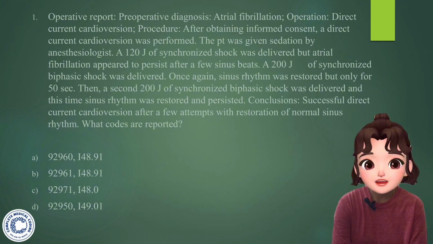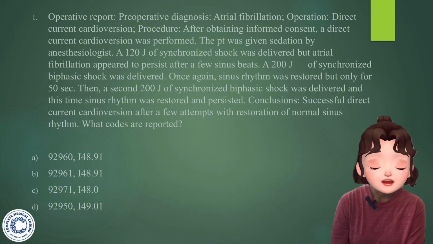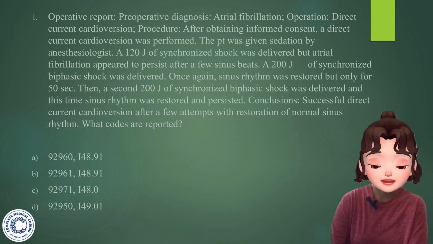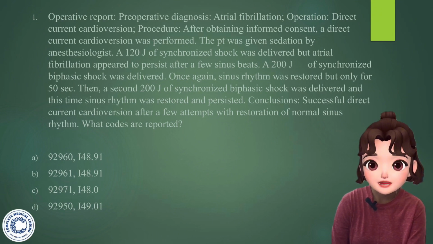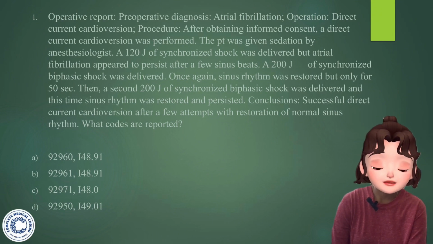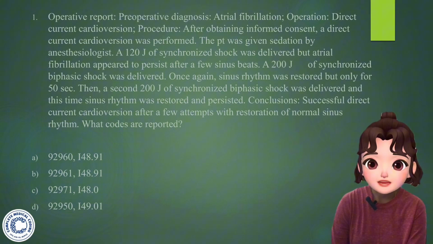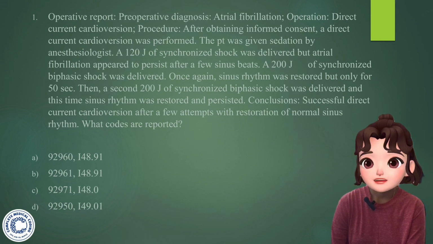No, this is also not it. The correct ones belong to CPT codes 92960 and 92961. Cardioversion, elective electrical conversion of arrhythmia. So you have to find out whether it is external or internal. How can you find out whether it is external or internal? Let's read the question once again.